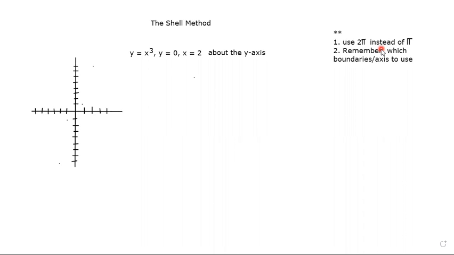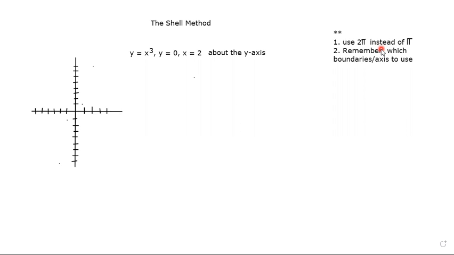For instance, when you're using the shell method, you have to move about the opposite axis, right? And if you look closely at the formula, it will reflect that. But just to give you a quick example, here we have y equals x cubed, y is equal to 0, and x is equal to 2, and we're moving this about the y-axis.